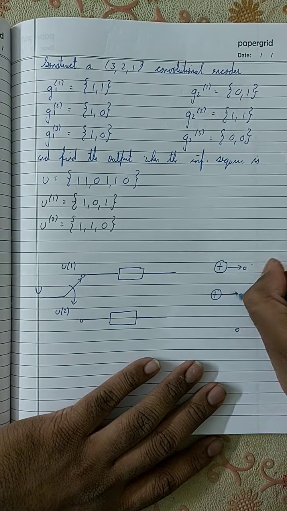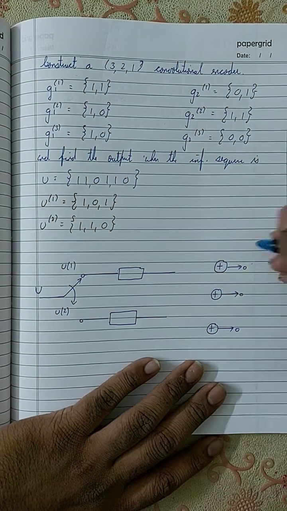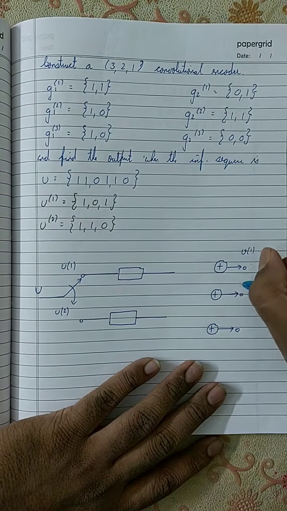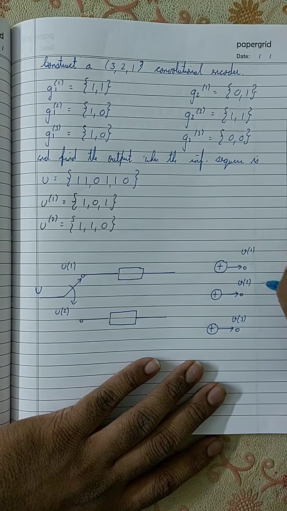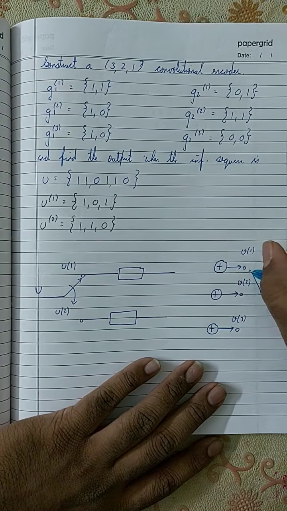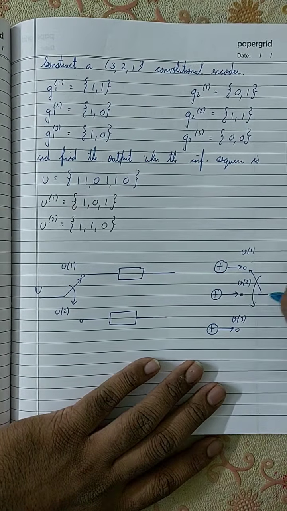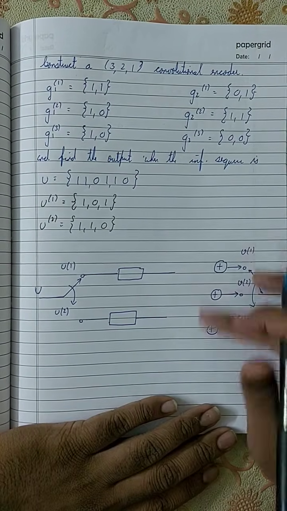And of course you need a switch that changes its 3 positions. This combined output you call V. So this is at the output side.